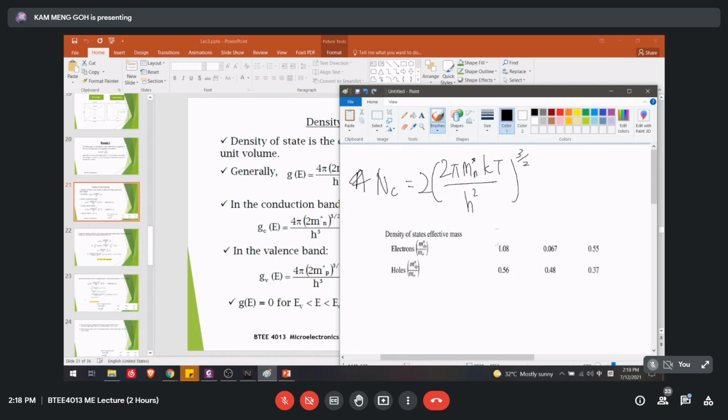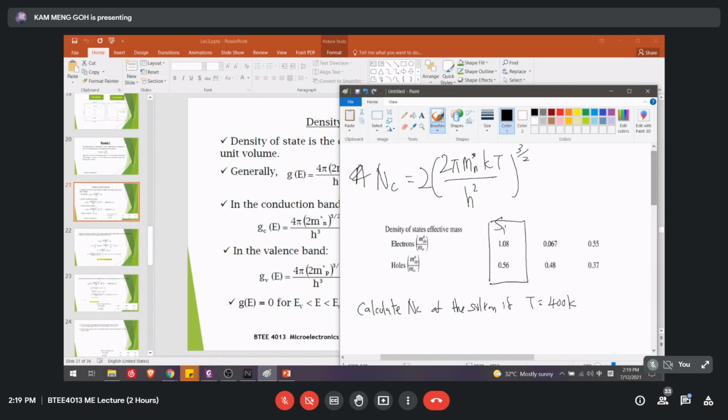Okay. So right now we focus on the silicon part first, these two values. Calculate the NC of the silicon if T equals to 400K. Okay.